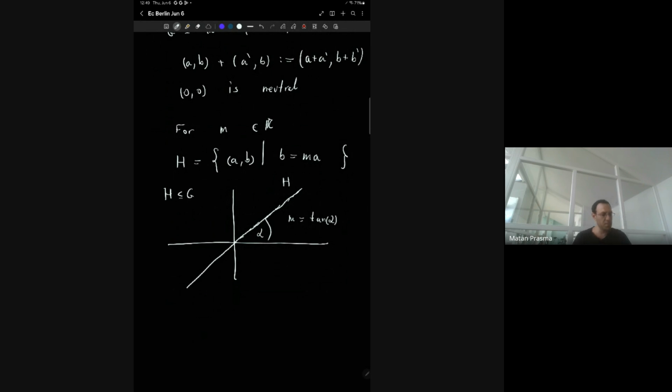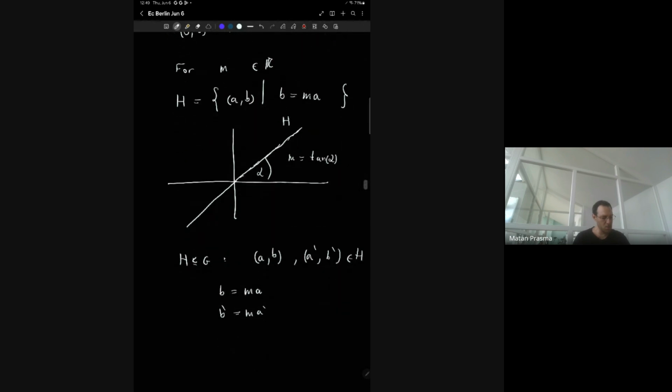And it's very easy to see, because if you take two elements in H, say A, B, and A prime, B prime, you add them together, you just get another element that satisfies the equation. You know that you have this equation satisfied, and you have also the other equation satisfied.